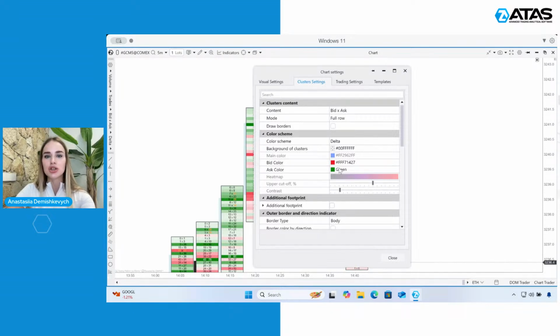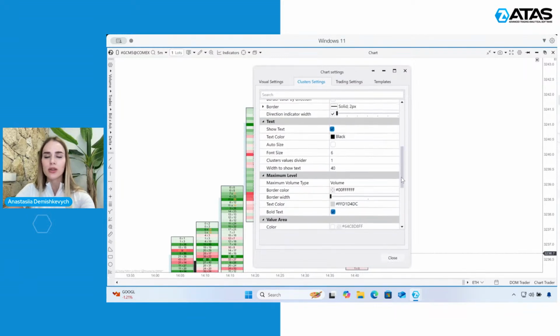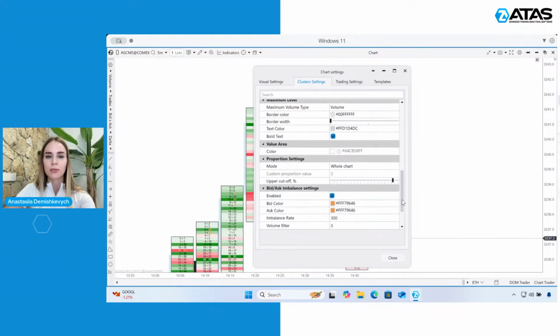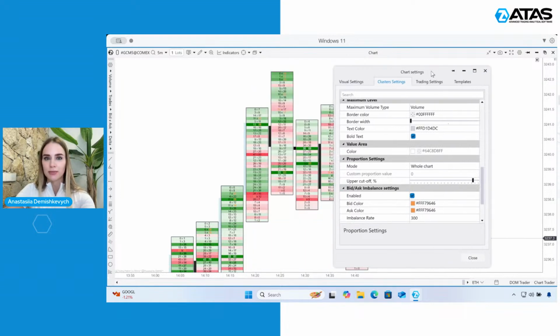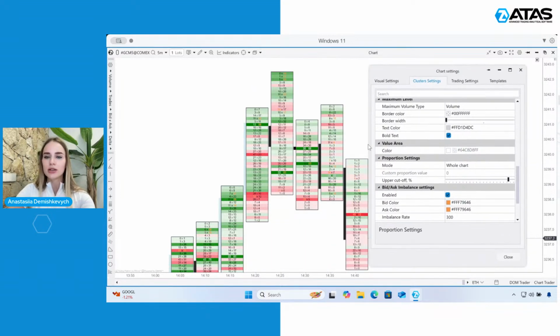So you can select your own colors here, for example, blue and orange, or whatever you would prefer to use. I'm going to keep green and red for the simplicity of today's lesson. And going down, you will be able to find the proportion settings. Now, there are different ways you can use it.